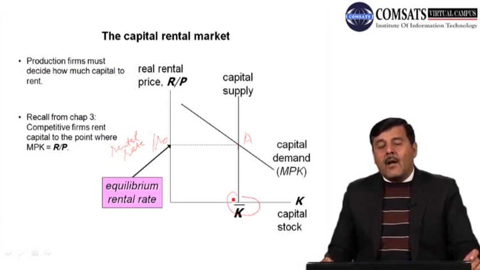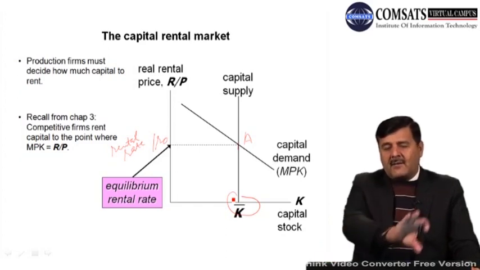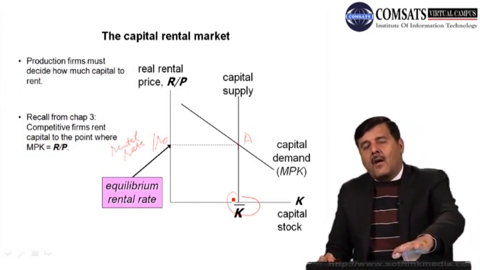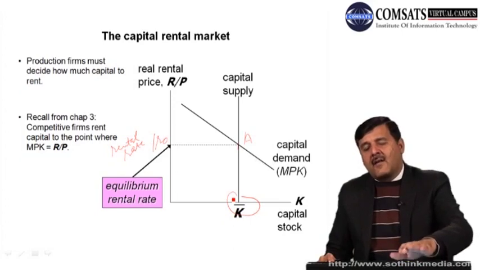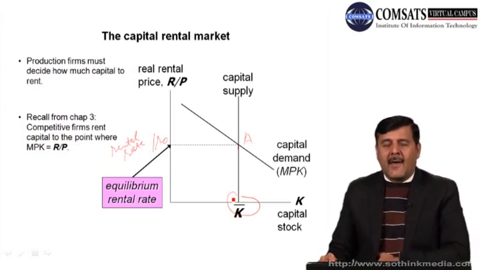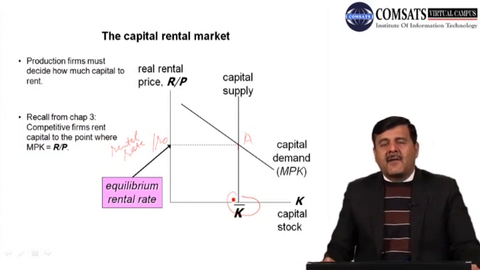So when we discuss the capital rental market, the production firm will continue to hire or rent more capital to use in the production process till the point the marginal productivity of capital is equal to its price, which is the rental rate, R over P. And we have discussed the same thing with the help of the diagram. जैसा कि मैंने बताया, on the y-axis we are measuring the real rental price, R over P. On the x-axis we are measuring the capital stock K. We have a vertical supply curve and a negatively sloped demand curve for capital.